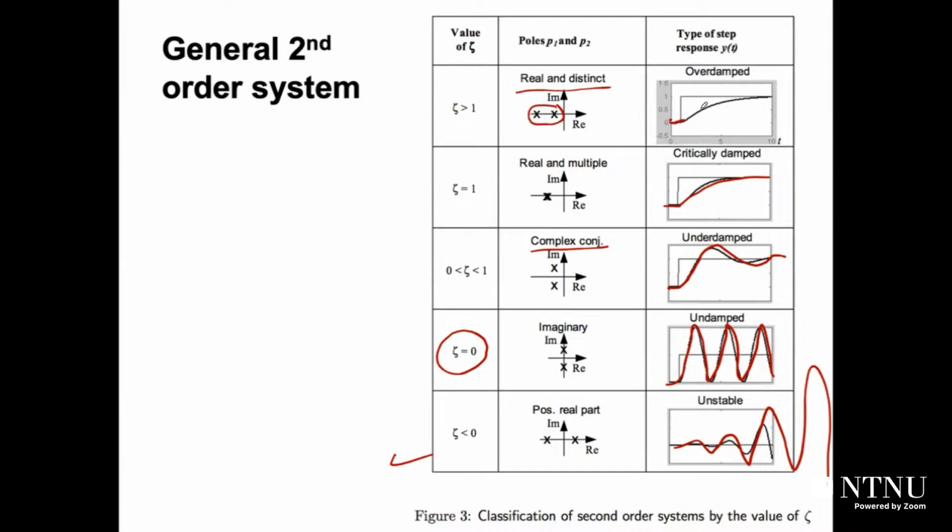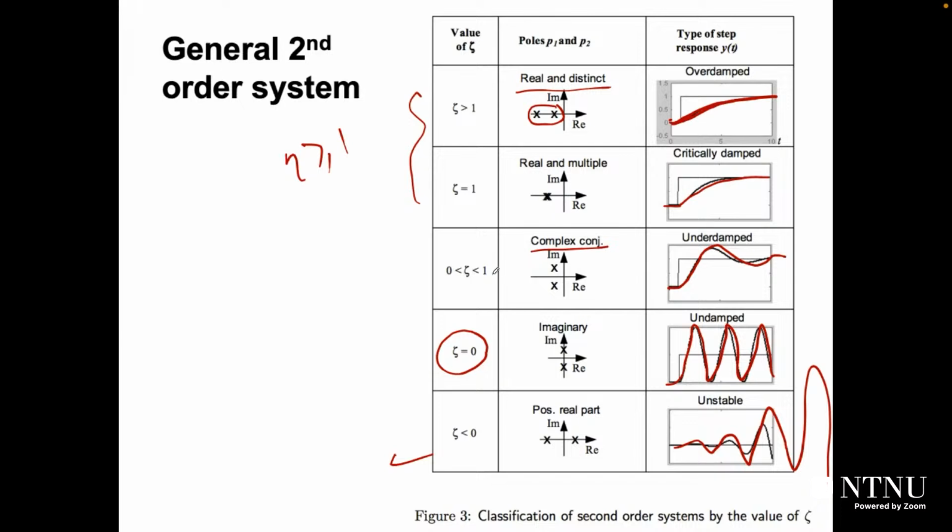Overdamped is similar, in fact, to the first-order system response, right? So when it is real and distinct, or when it is real and repeated, we can say that here zeta is greater than or equal to 1. When it is equal to 1, it will be critically damped. When it is greater than 1, it will be overdamped.